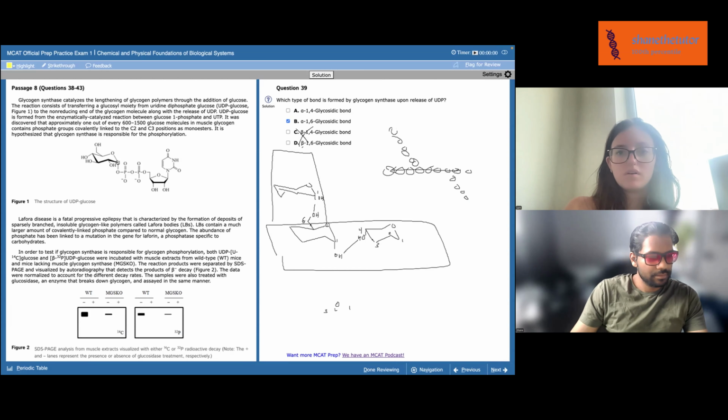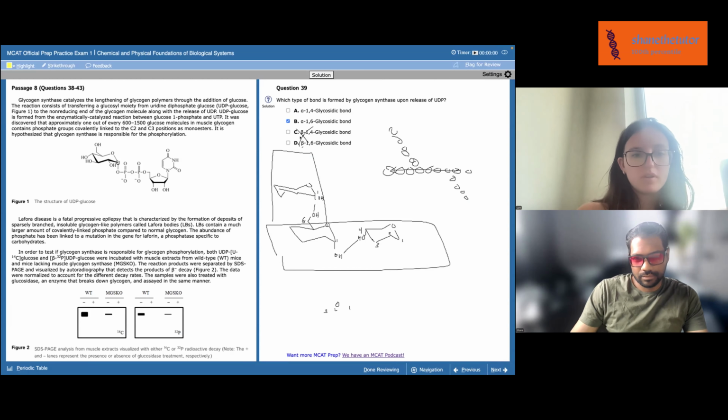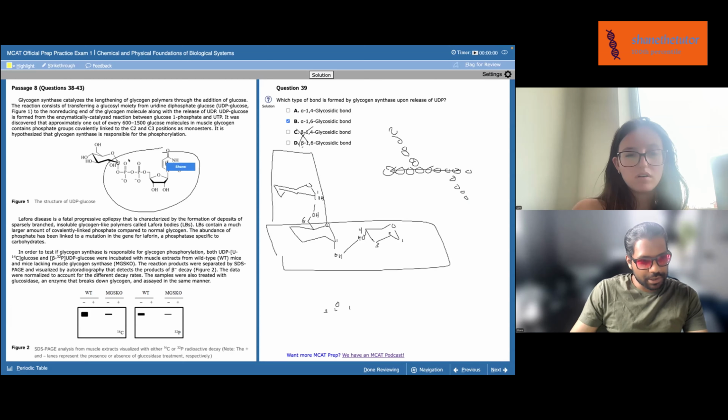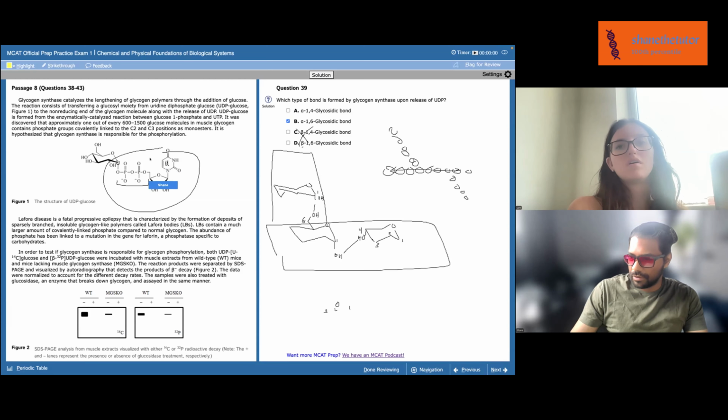Okay, so glycogen synthase, upon the release of UDP. Is this the UDP? Yeah, this is the UDP, with the phosphates. The U comes from this being uracil. The DP comes from diphosphate, two phosphates.